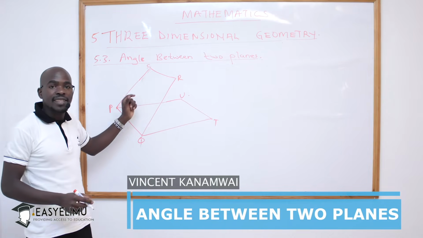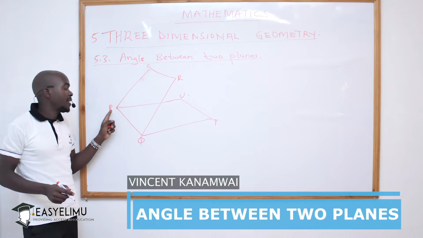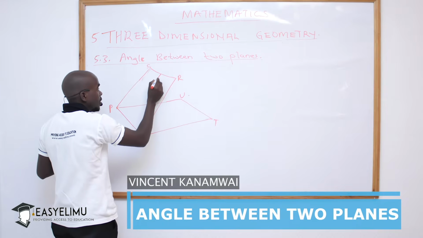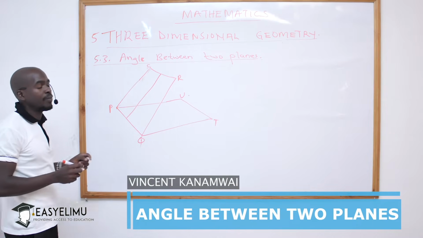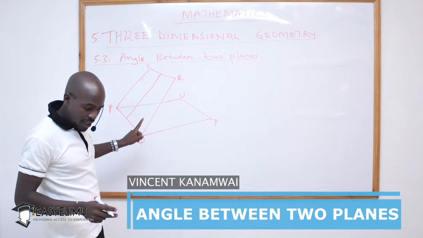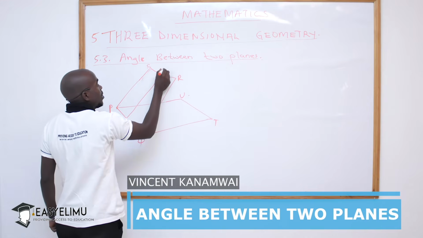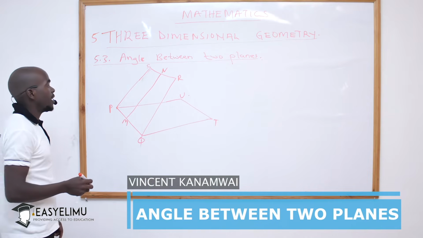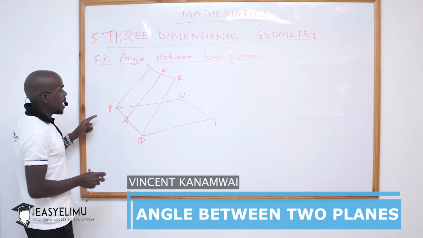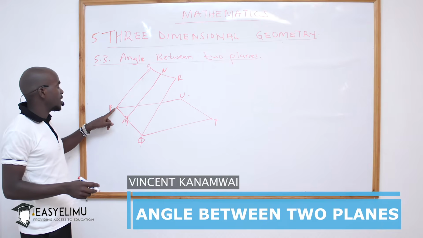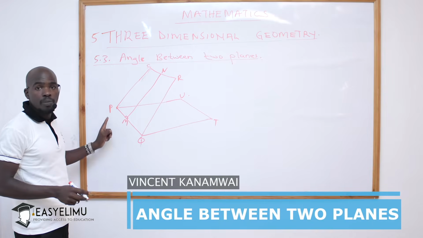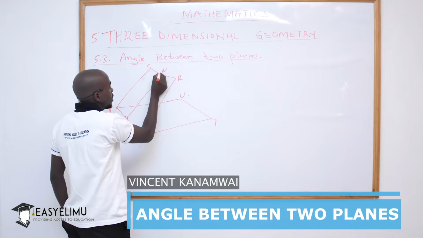These two planes intersect each other on the line PQ. If a line cuts through SR and PQ at equal distance, let's say it is line NM, we shall find that this line is perpendicular to the line PQ, forming a right angle at the point M with PQ. The same applies at this point.